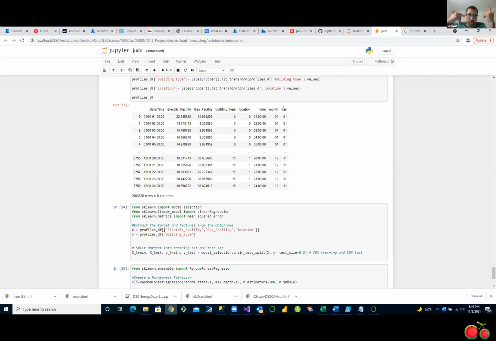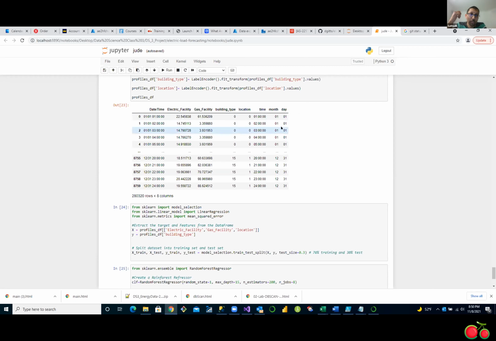So you are missing one or the other columns, right? The model might not be able to give a prediction. But in this case, you should keep time, month, and day separate.